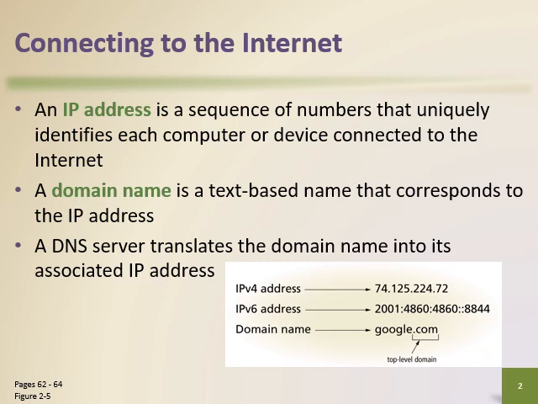Without addressing, it cannot locate the website that you want to open. An IP address, or internet protocol address, is a unique sequence of numbers that uniquely identifies the location of each computer or device connected to the internet, that is, which website to return the data back to.